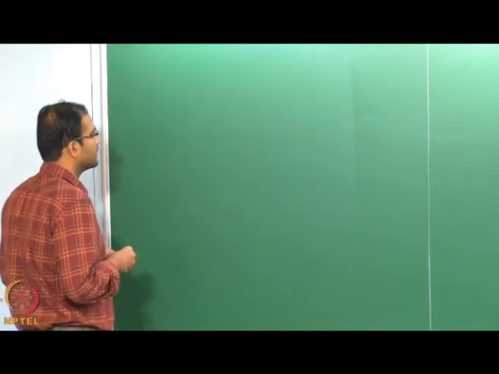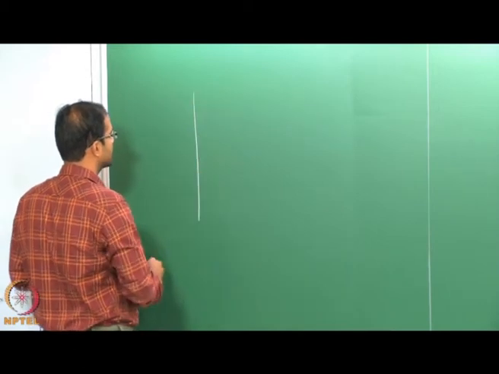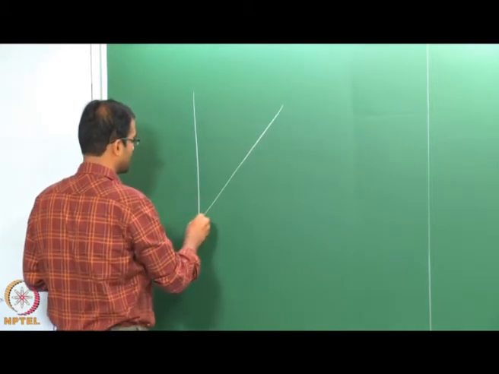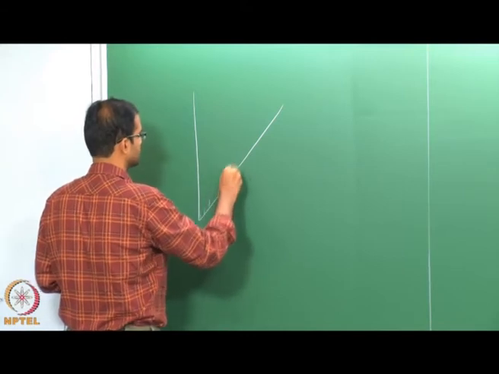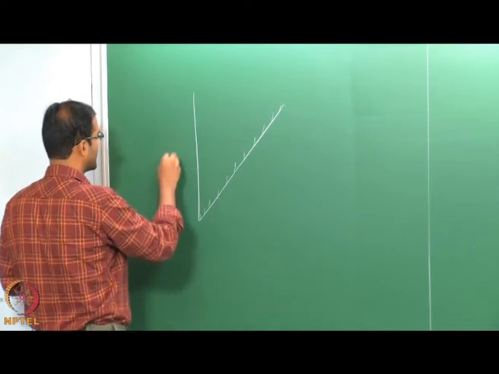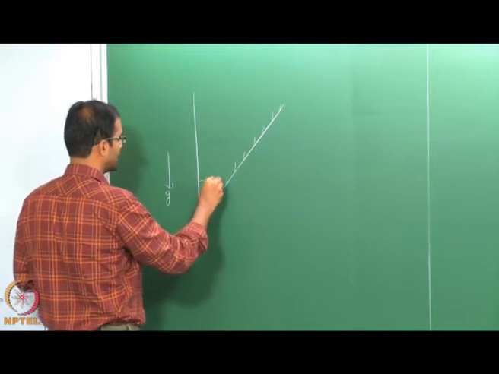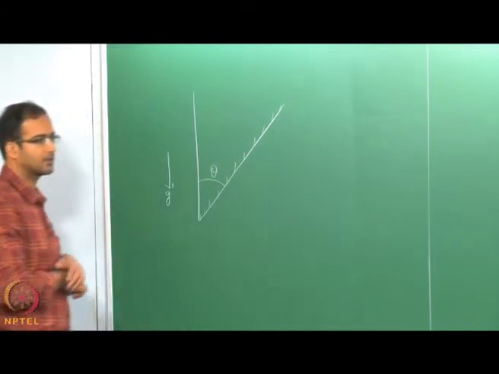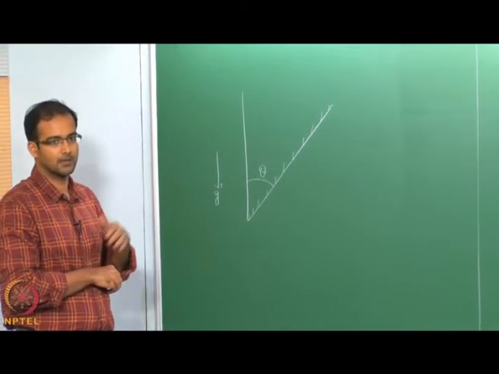So, one deviation from the simple vertical flat plate is that if you tilt the plate, so let us say that this is your plate here, okay, and your gravity is of course acting downward vertically, and let us say you have an angle theta with respect to the vertical direction.